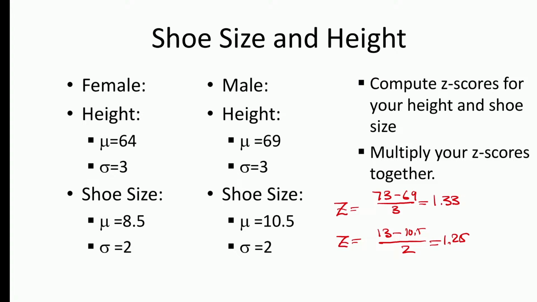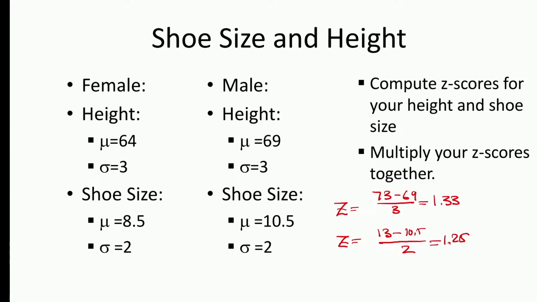So I'm a little above average, not a huge amount. I'm no, you know, one of these super tall people. Shaq, I don't know who the basketball players are these days. But anyway, I'm just a little taller than average, and my feet are a little bigger than average. 1.25 is my z-score for my shoe size.